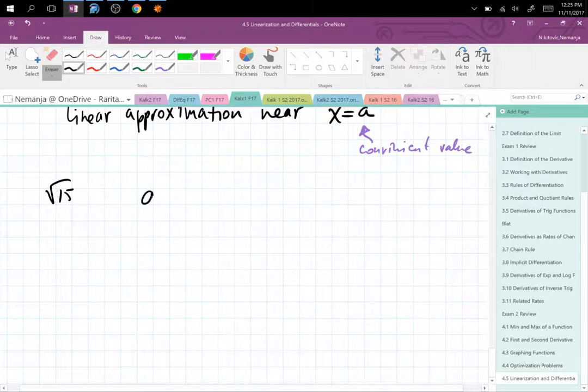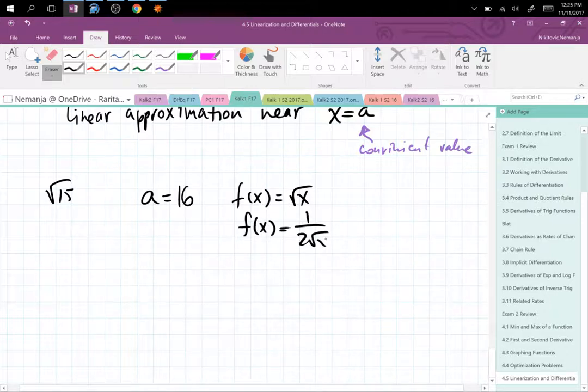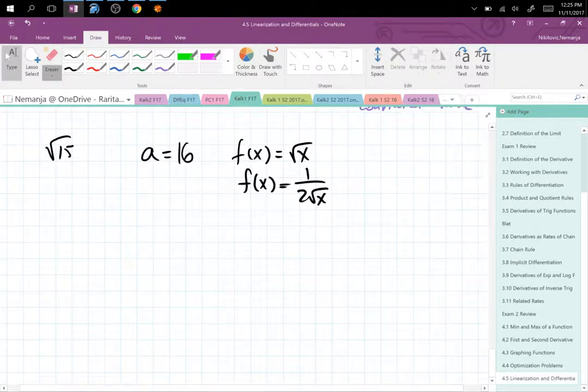What's a convenient value? 16. And the function is clearly root x, and the derivative is 1 over 2 root x, right? So all you need is to plug all of this into your linearization equation, and you got your tangent line right off the bat, and you just plug in 15.